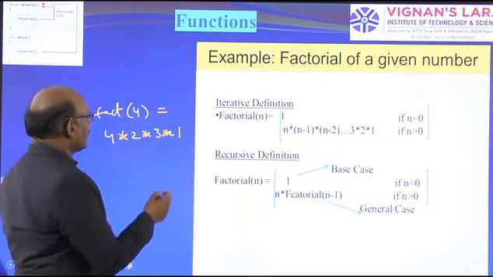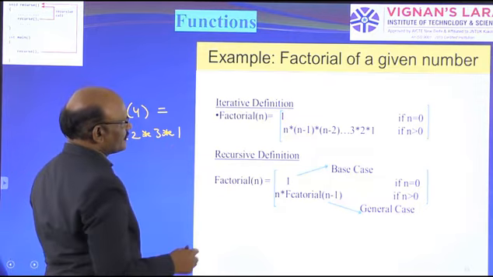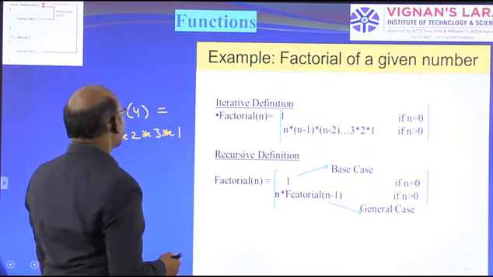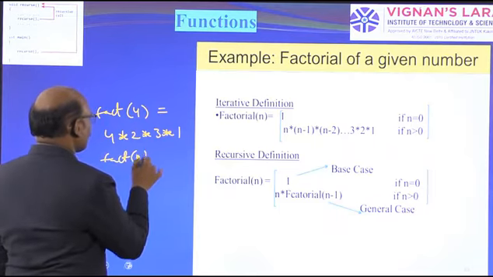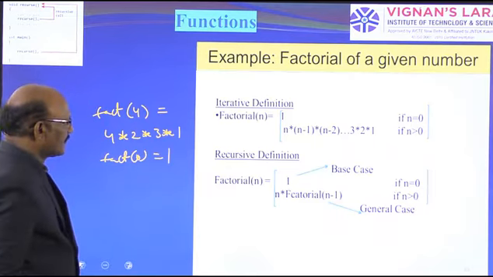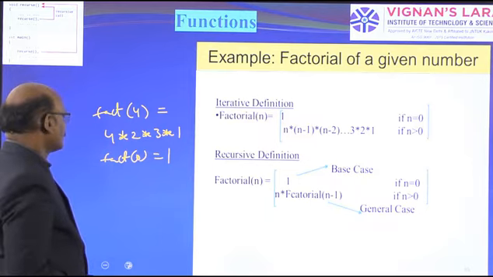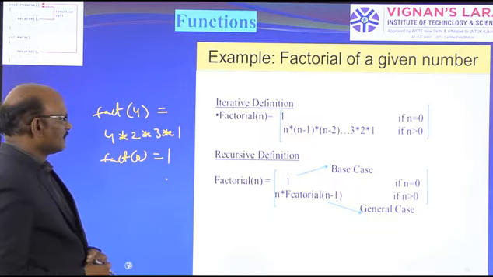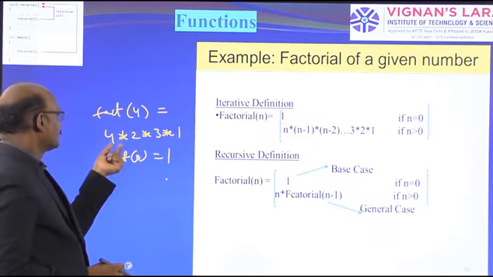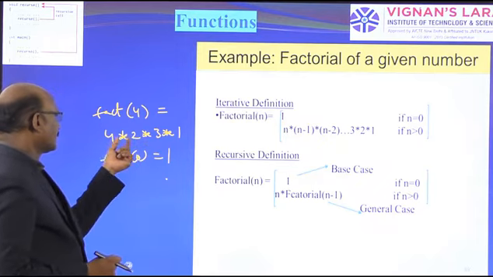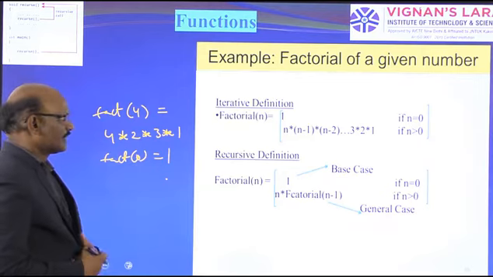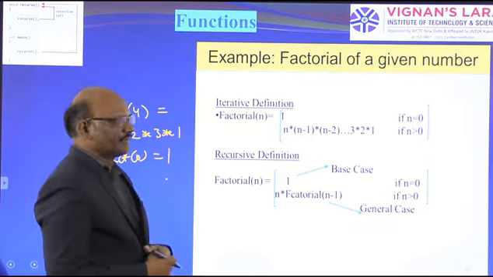Whenever n is 0, its factorial is 1. If n is greater than 0, then it is n into n minus 1 into n minus 2 and so on. So that is the iterative definition.